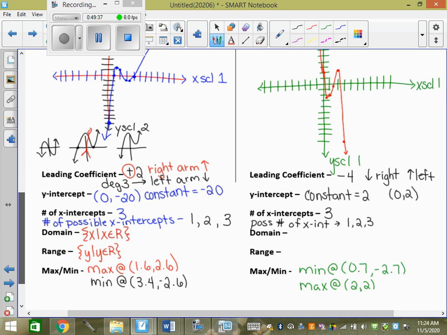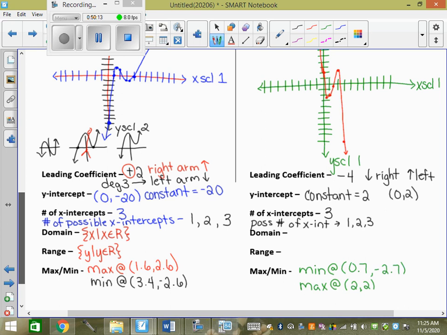If it's degree 2, you'd say 0, 1, or 2, because degree 2's arrows are both up or both down, so the graph could be completely above or completely below. You can only have 0 with even degrees. With odd degrees your arrows are in opposite directions, so it has to cross at some point. Do you want us to always state the possibilities? Only if I ask for them.